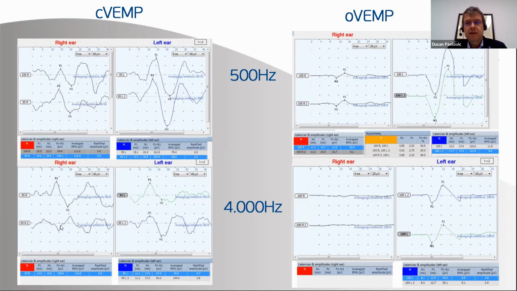So with any electrophysiological measurements like ABR or VEMPs, we all know that we have to repeat it at least twice to get, as we call it, a reproducible response. If it is not reproducible, we can't say we got a response, like in this case.